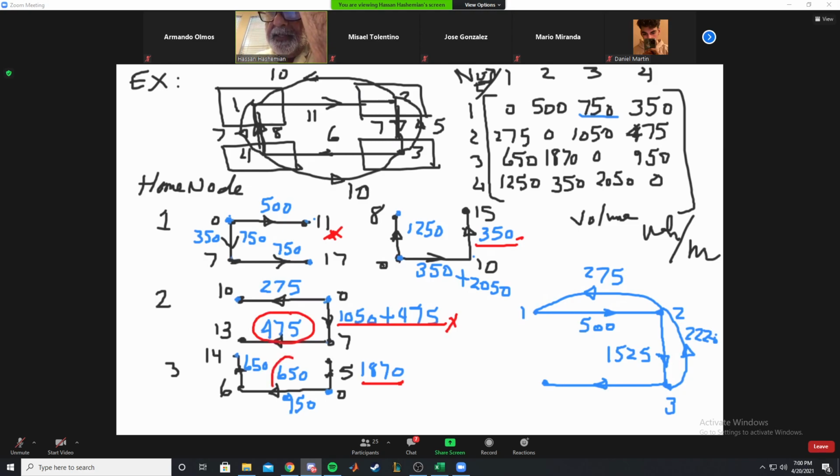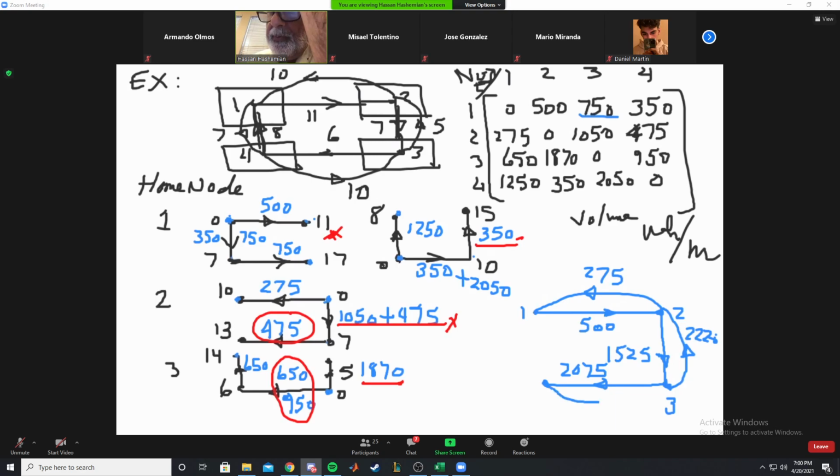And then we have these two volumes. So 650 and 950 will give you 1600. Plus 475 gives you 2075. All right, everybody get that?